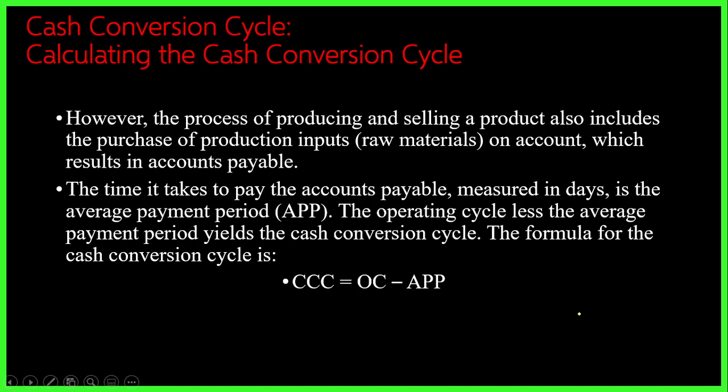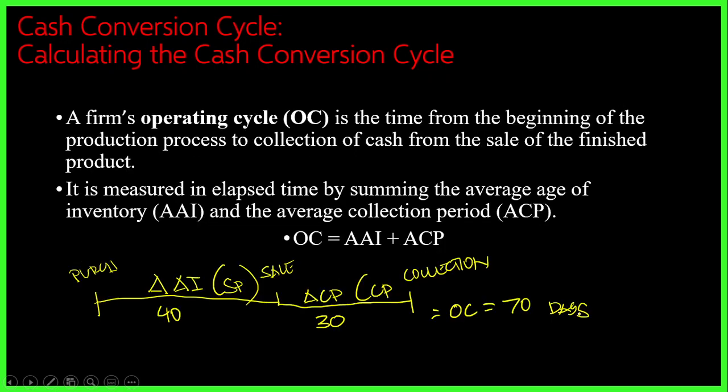However, the process of producing and selling product also includes the purchase of production inputs on account, which results in accounts payable. Not all of the time is this purchased in cash. Sometimes purchases are made on credit, so we also have to consider that.